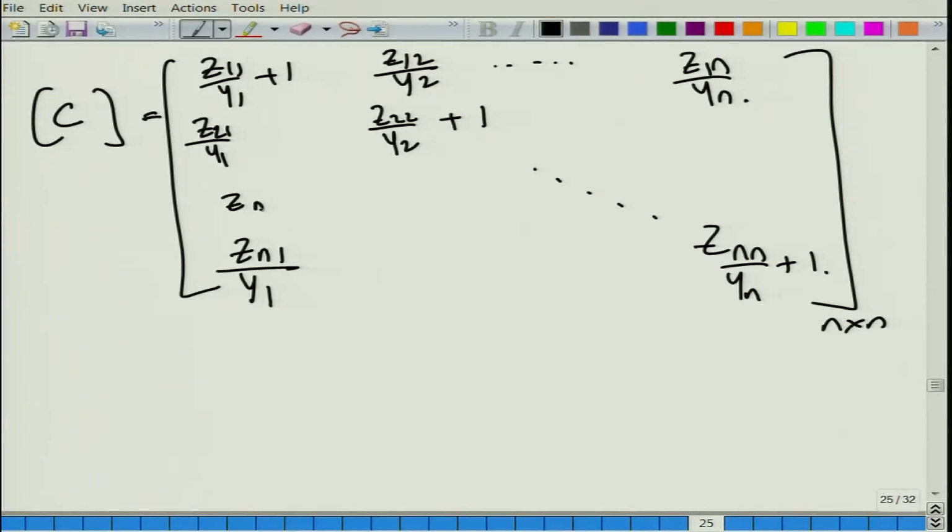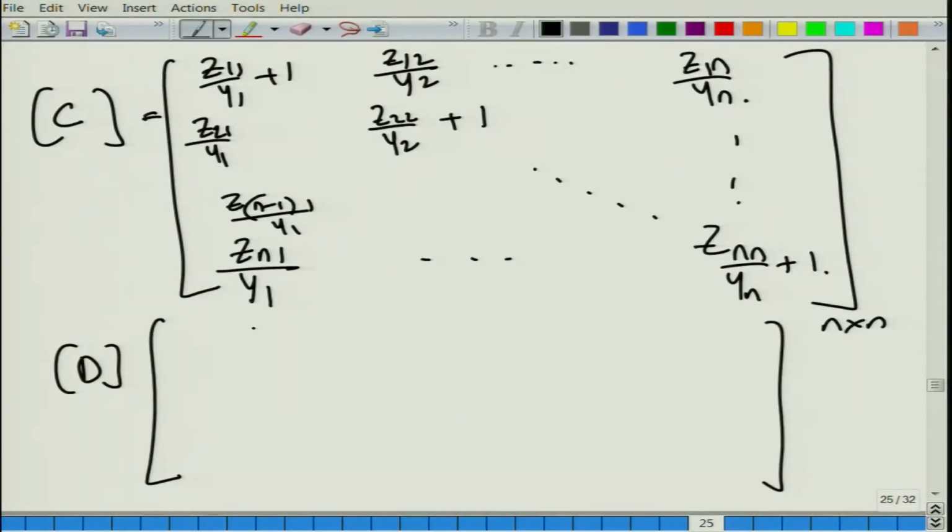So, last term will be Zn minus 1 and like this, and your D matrix is nothing but you will pretty much get the same thing, but instead of a plus sign, you will have a minus sign.